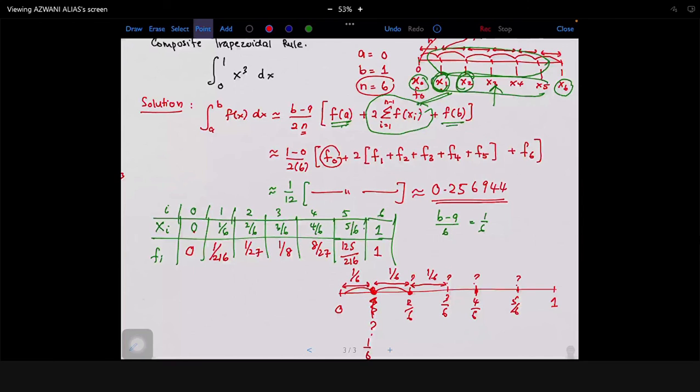Okay. So, last adalah berkenaan dengan Simpson Rule. Composite Simpson Rule.